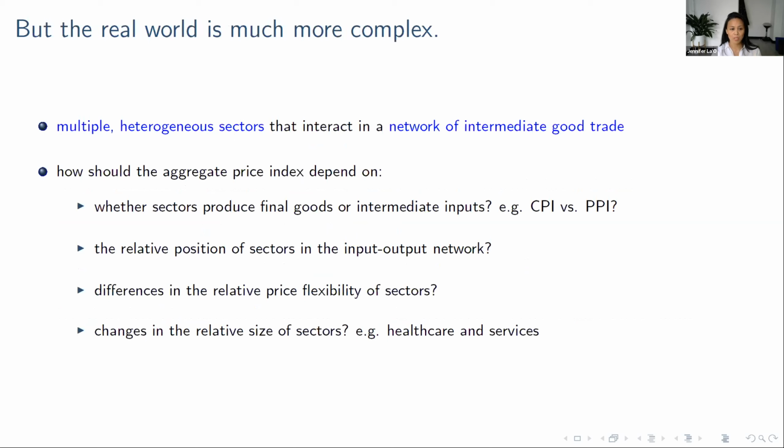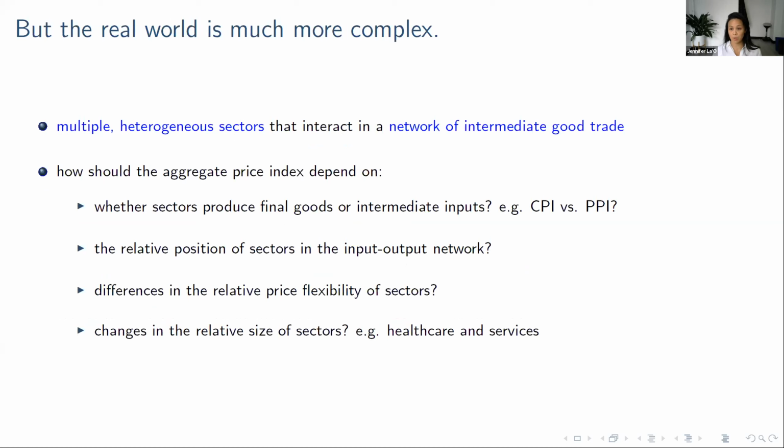Now, in the real world, it's much more complex. There are multiple heterogeneous sectors that interact in a network of intermediate good trade. So how should the aggregate price index optimally depend on whether sectors are final goods or intermediate goods producers? Think of the CPI versus the PPI, where sectors are positioned in the input-output network, differences in the relative price flexibility of sectors, as well as changes in the relative size of sectors.